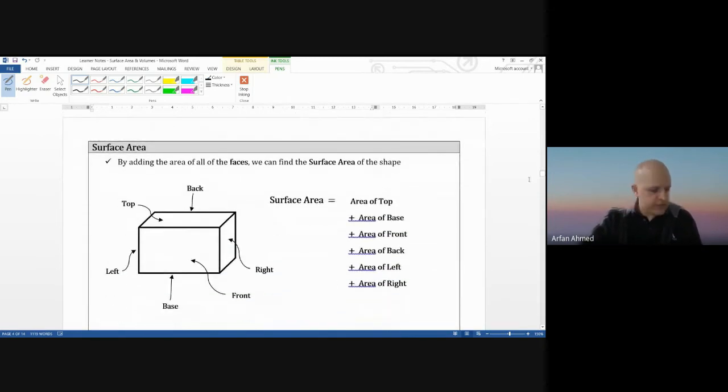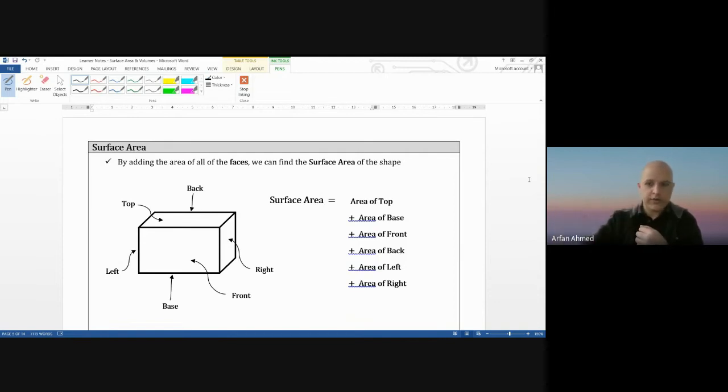Let's move on to surface area. So surface area is different to volume. Obviously, volume is to do with how much the shape can hold, or how much you can fill it with. So it's the space that you can fill. Whereas a surface area is just the area of all the faces of the shape.